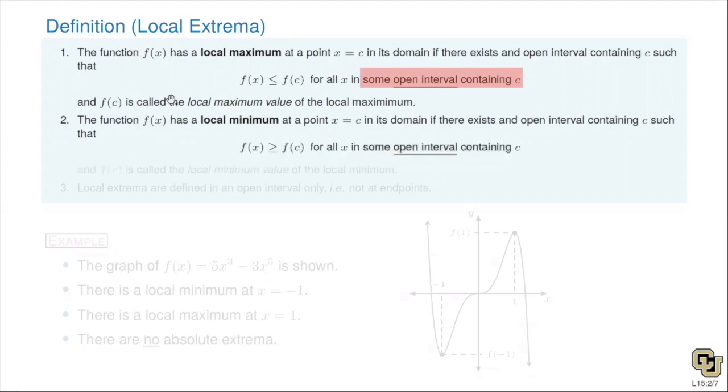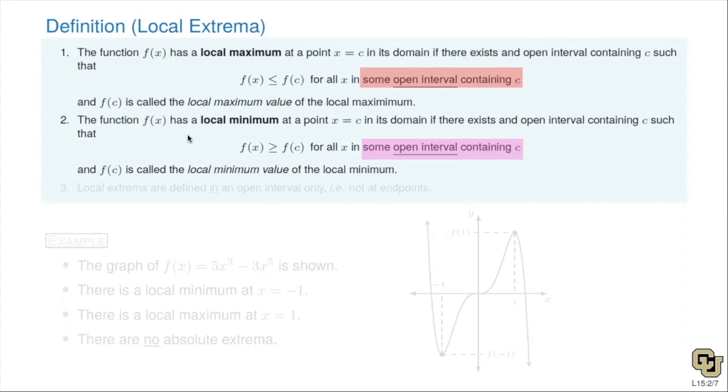Again, it has to be the lowest point, not for every y value in the range, but for all x in some open interval. It just has to be the lowest point compared to the x values next to it on the right, as well as to the x values on the left. And the actual number, the y value, is called the local minimum value.